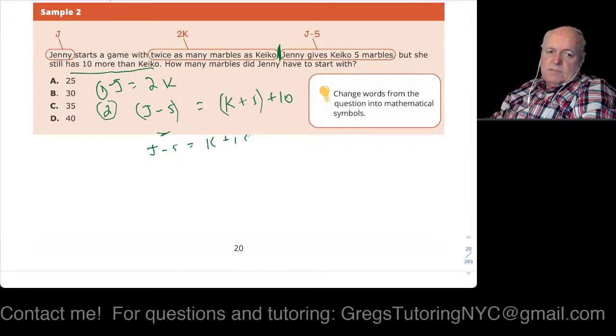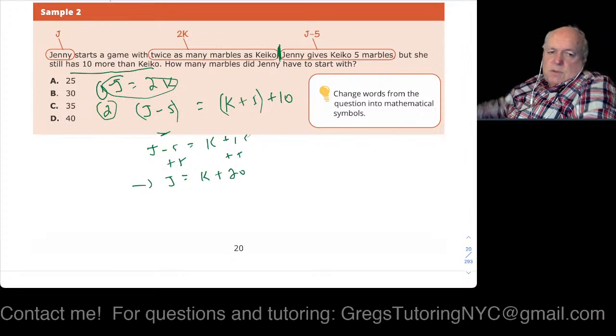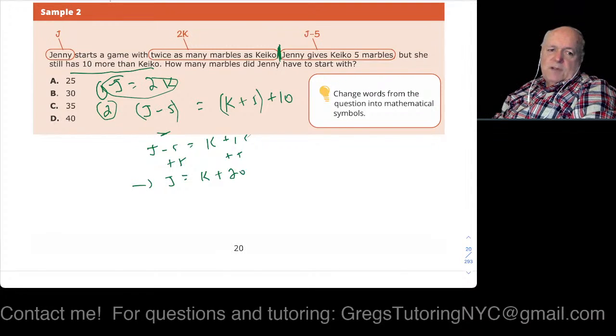Okay, and if we want to bring that 5 over, we get Jenny is equal to Keiko plus 20. Okay, that has both of them here, and number 1 over here had both of them. So what we want to do at this point is we want to solve for either Jenny or solve for Keiko. So I could put 2k equals k plus 20 and then solve for Keiko.